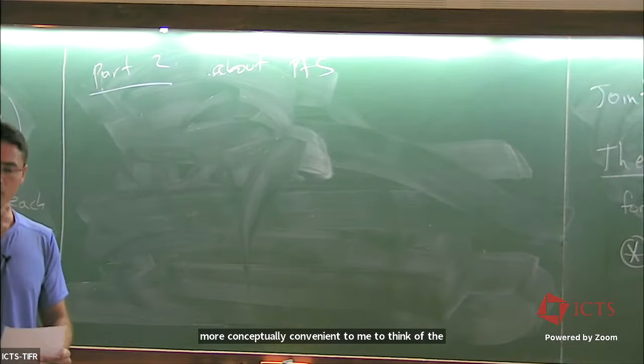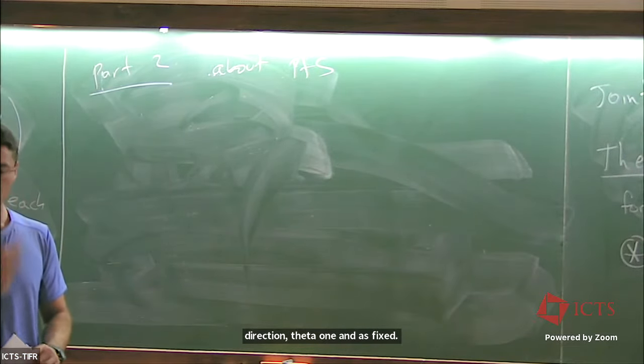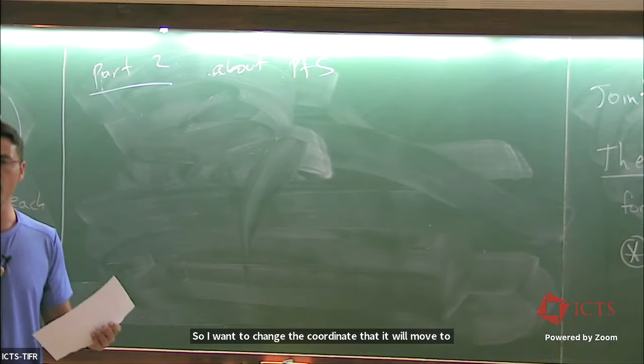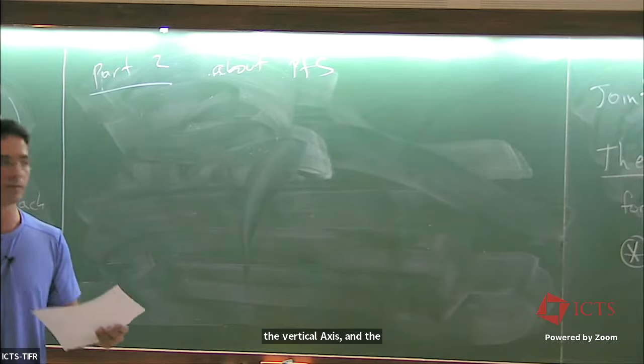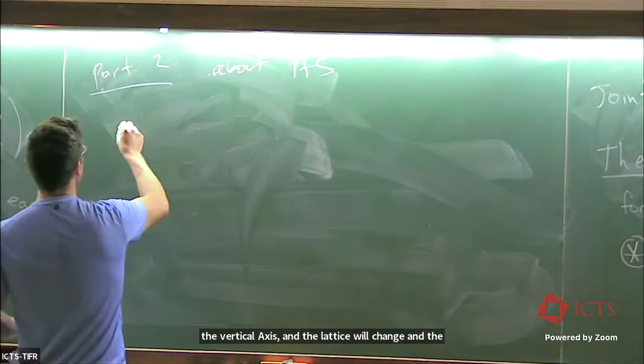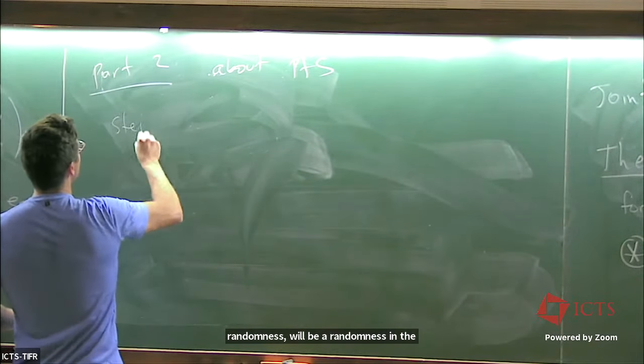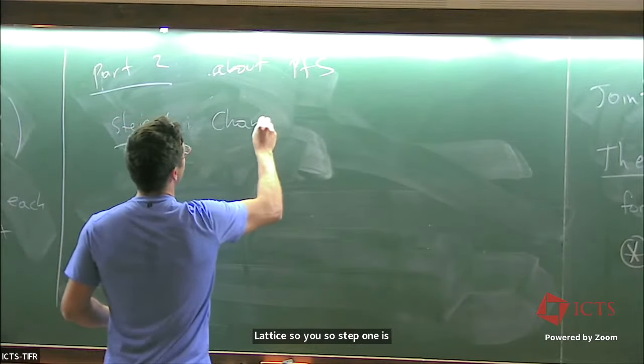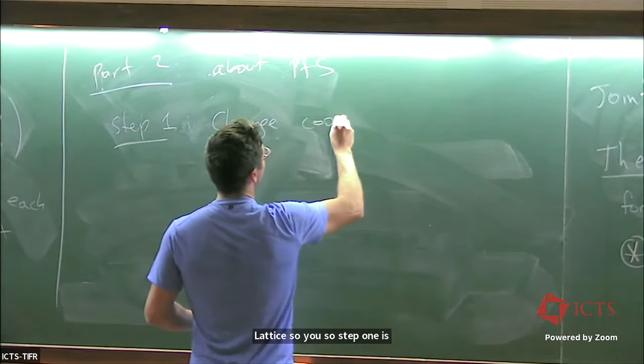So I want to change the coordinates so that it will move to the vertical axis, and the lattice will change, and the randomness will be a randomness in the lattice. So step one is change coordinates.